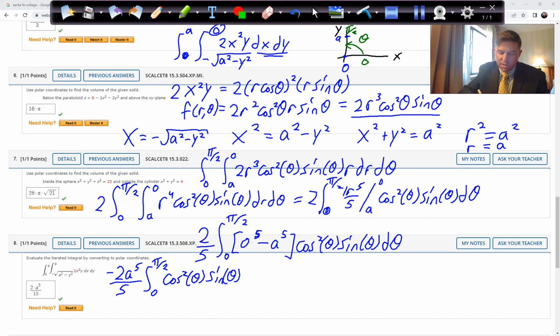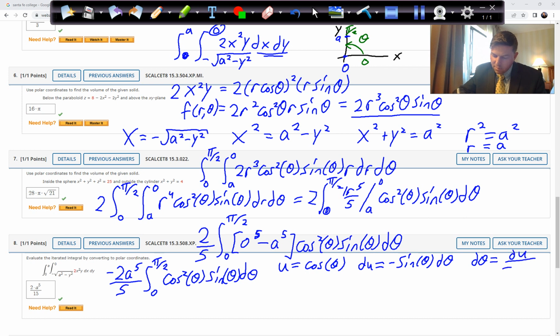Now to do this antiderivative, we're going to let u equal cosine theta. Therefore, the derivative of u is equal to minus sine theta d theta. Therefore, d theta is du divided by minus sine theta.